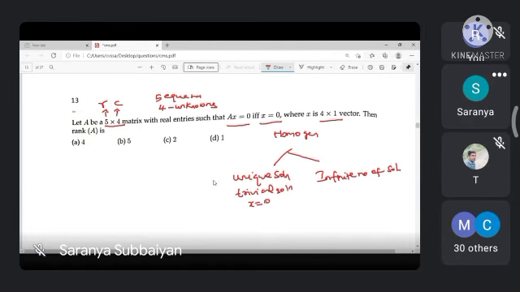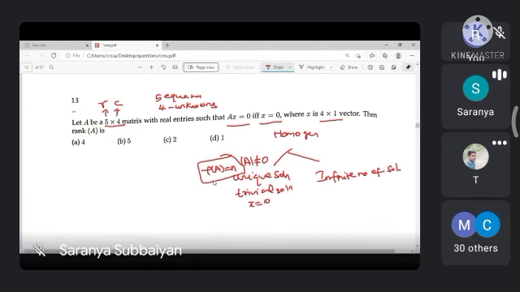Now what is the condition for a unique solution? The determinant of A is not equal to 0. It means the rank of A should be full, right? So 4 equations, 4 unknowns is enough for getting the values.